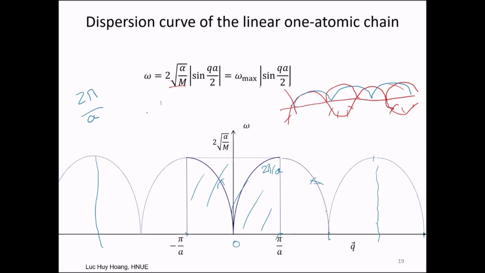If we construct the reciprocal lattice, it should be like this: 1, 2, 3, and this is 2 pi over A. It's a reciprocal lattice, right?